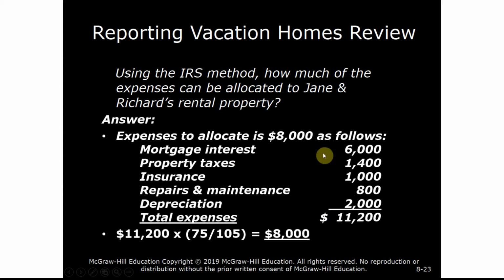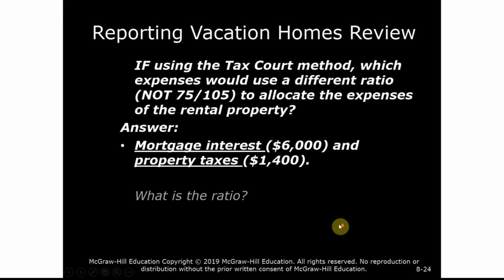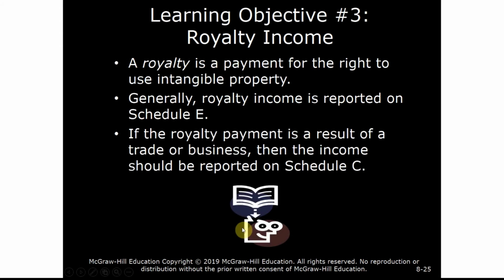When you use the IRS method, you can just add up your total allocated expenses and multiply by your fraction. You don't need to do it separately for each one. The tax court method is different, and it applies, as we said, to property taxes and mortgage interest only. Those expenses would be allocated based on 75 and 365.